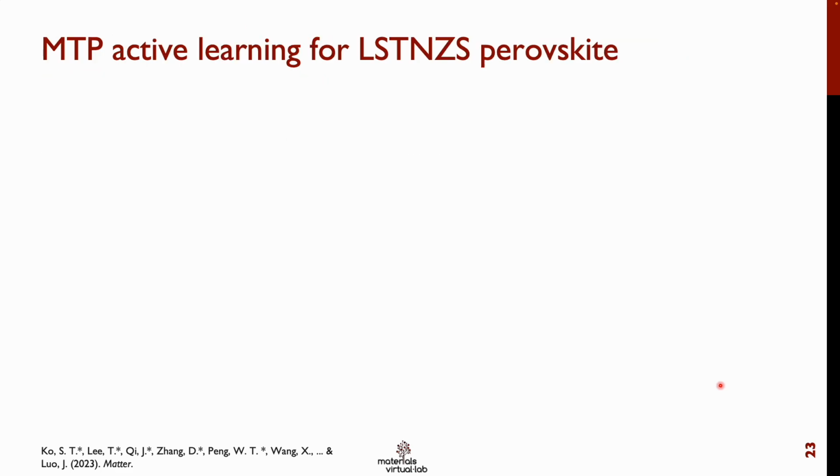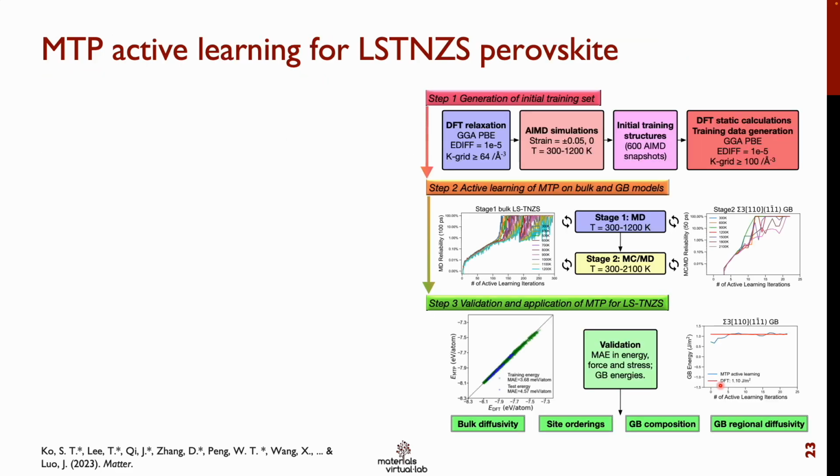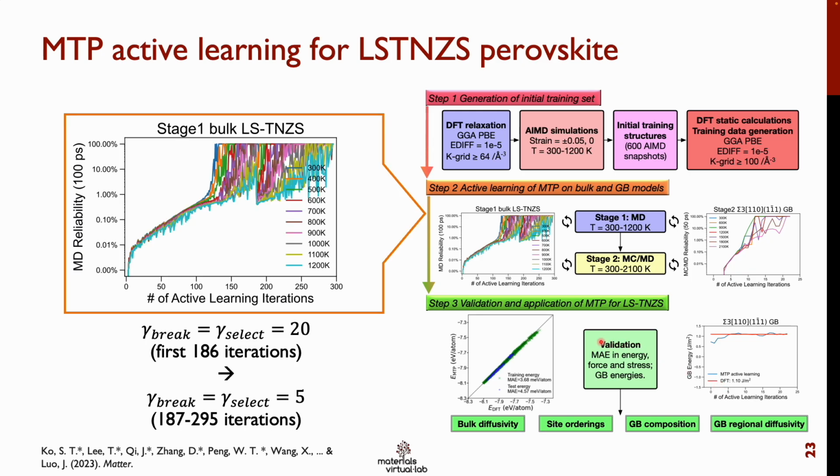But here I want to highlight that in this workflow, we apply the same active learning workflow. But if we look at the active learning iterations, this time it actually takes us a lot of time, more than 100 active learning iterations, to get a reasonable moment tensor potential to study this system, because the system has a really complex chemical composition, which also increases the complexity of the moment tensor potential.